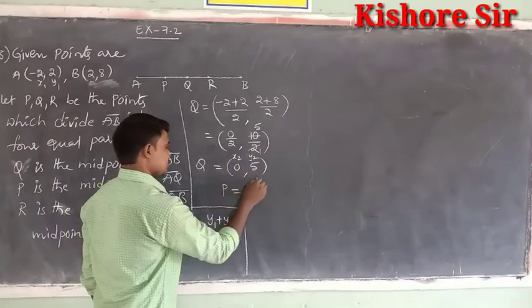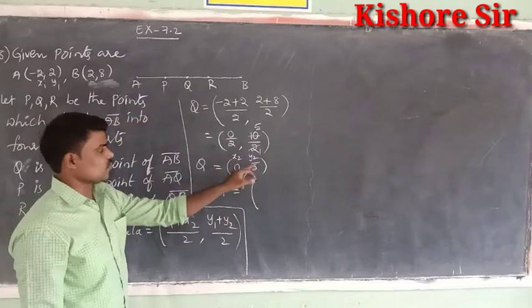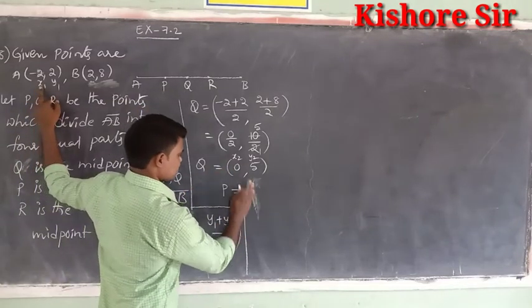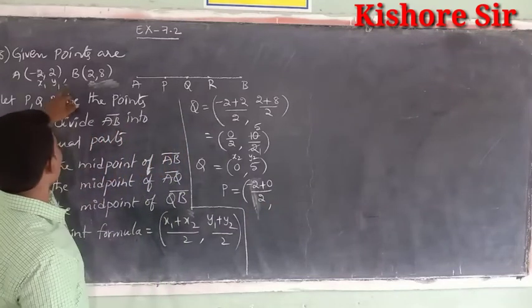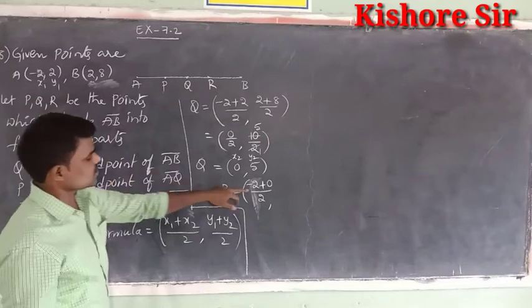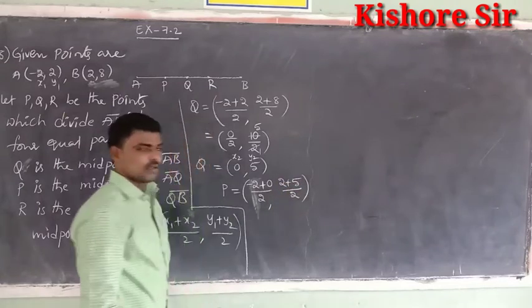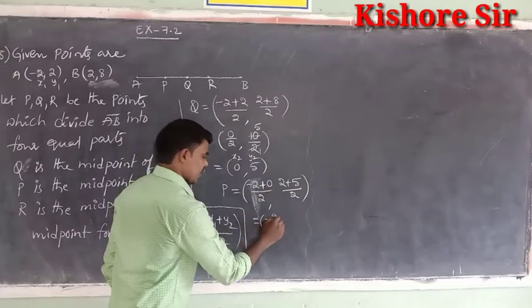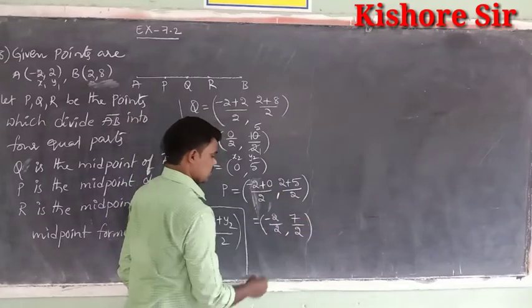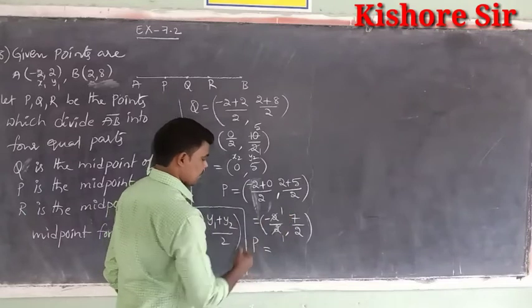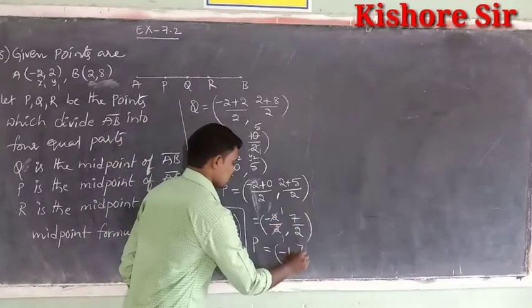So the coordinates of the point P are minus 1 comma 7 by 2.